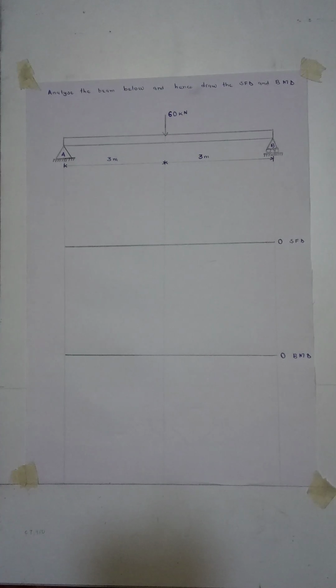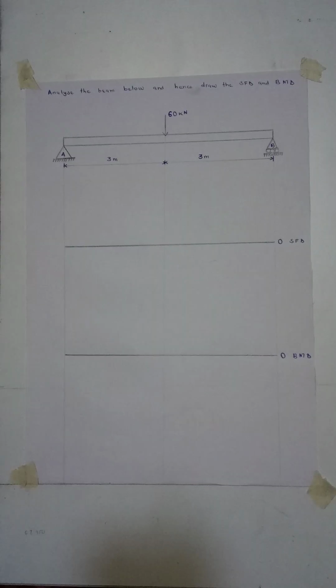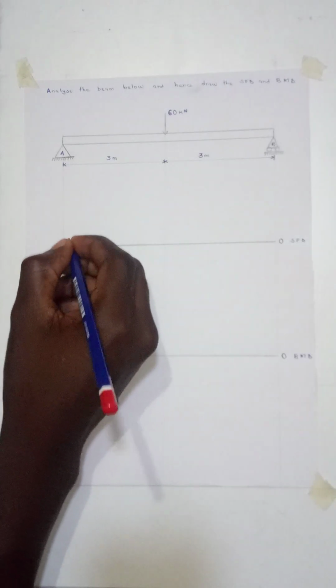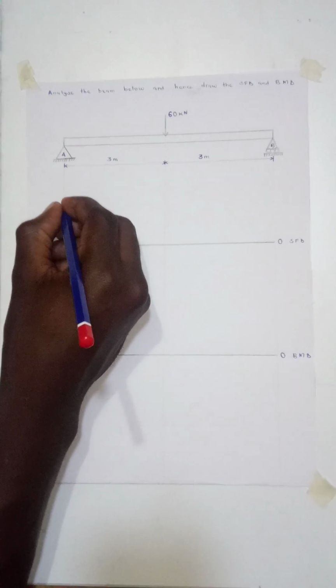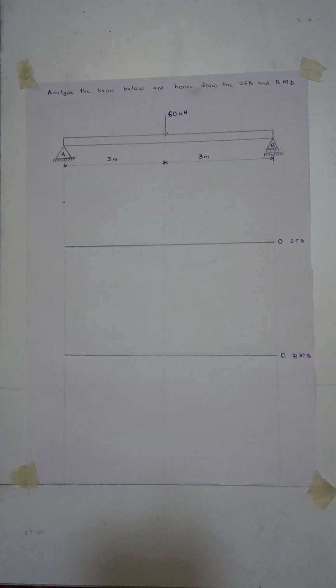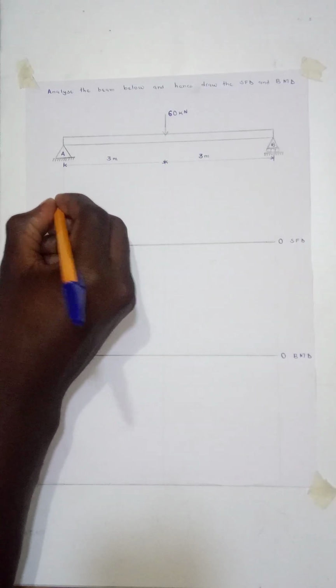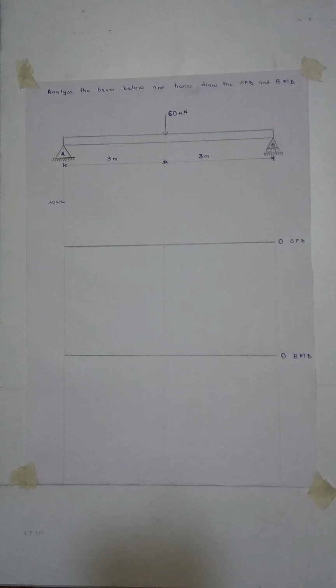I had already prepared the place where I'm going to draw my shear force diagram. So we found that RA, the reaction force at A, is 30 kilonewton. We are going to assume that our 30 kilonewton is somewhere here, and we are going to mark it 30 kilonewton.